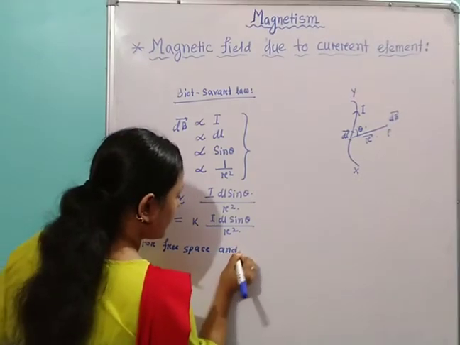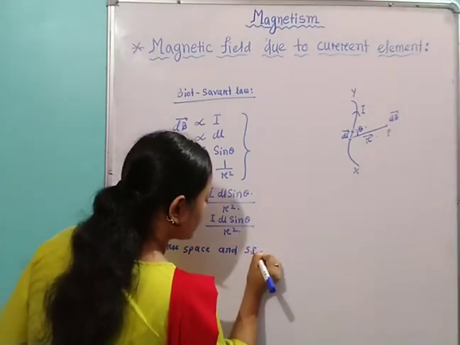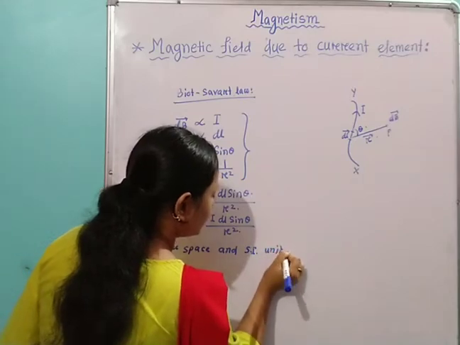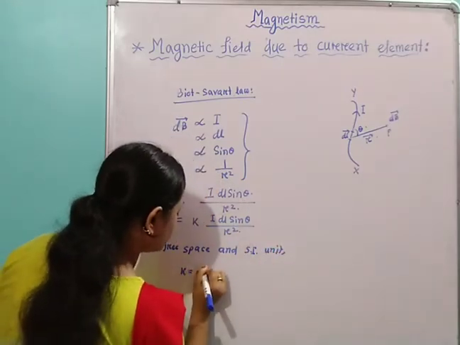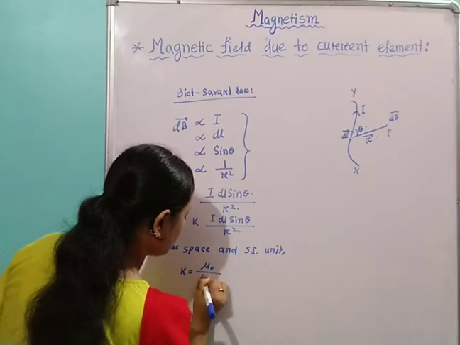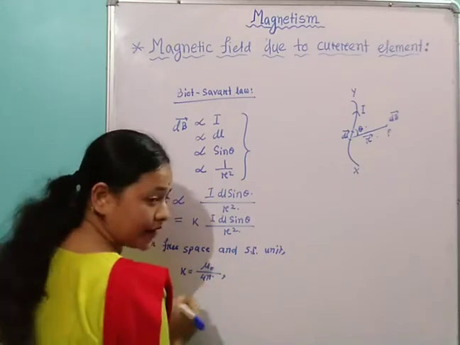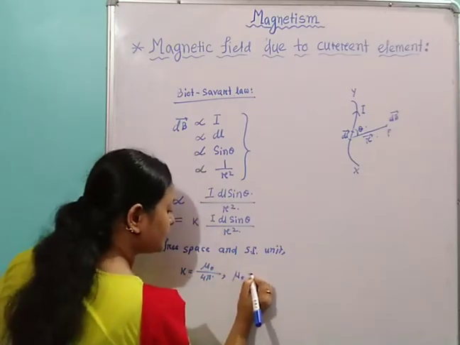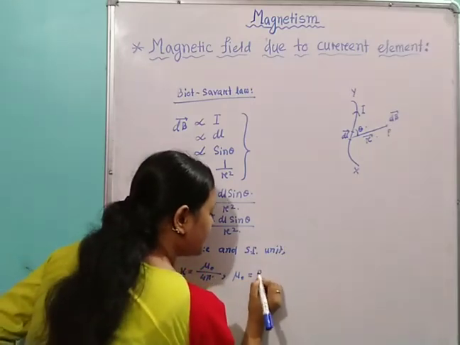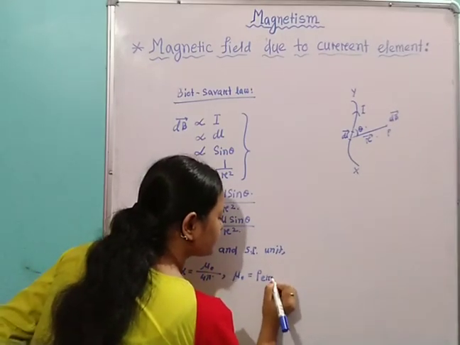in SI unit k is equal to mu naught by 4 pi, where mu naught is the permeability of free space.